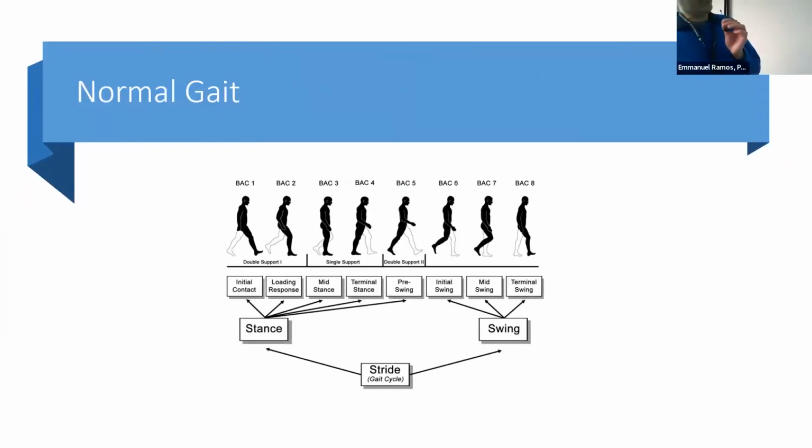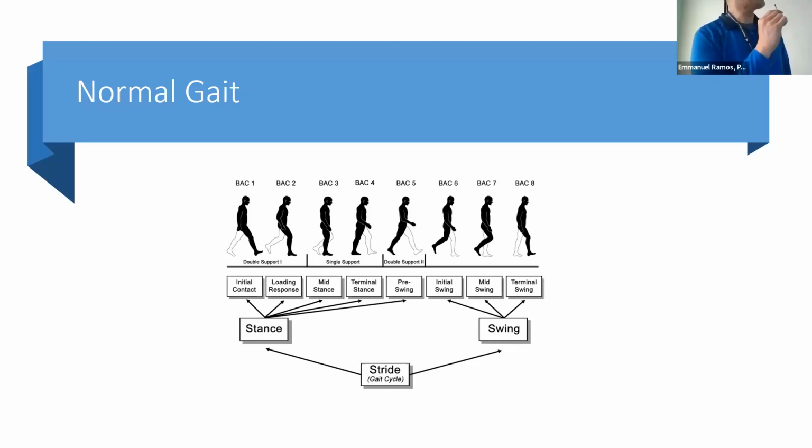In this slide, you will see that in the model, you see the right foot only, because basically when you look at the gait cycle, you focus on one limb. That way you can see the different phases. See on the first illustration, that's the initial contact. The second one is the loading response.